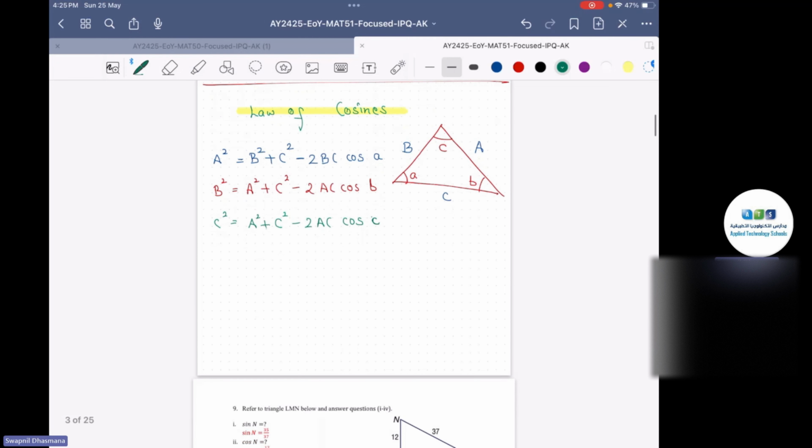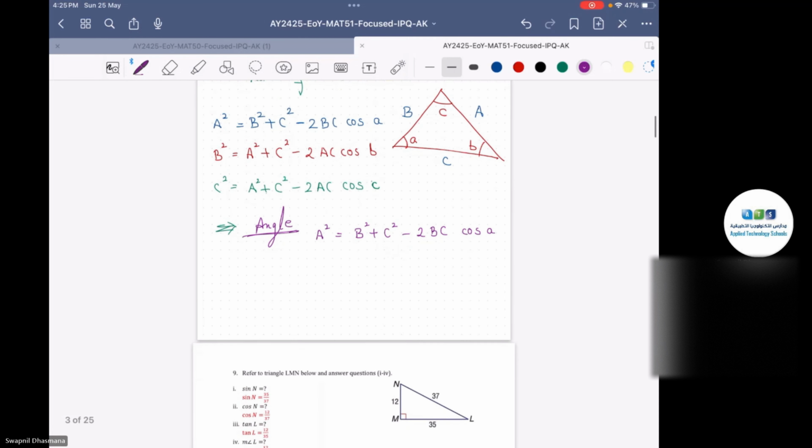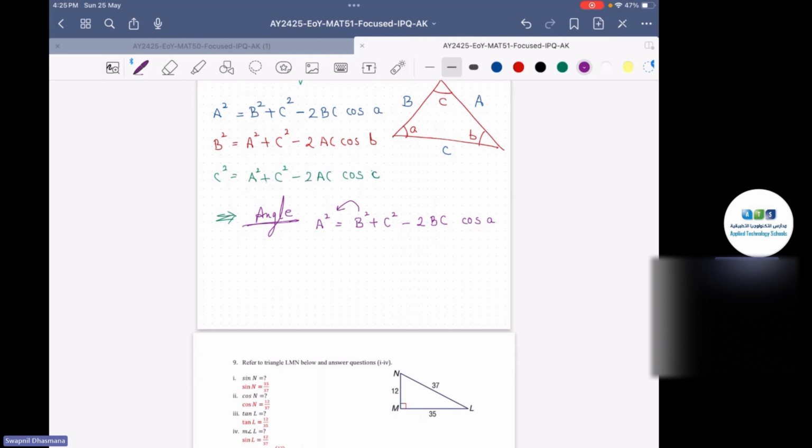Now maybe the question might ask you to find the angle. In that case, I'll use the equation first. You can rearrange things to your benefit. Like you can bring b squared here, c squared here.